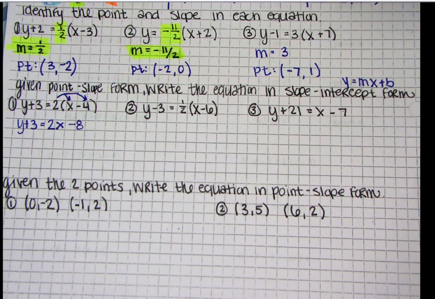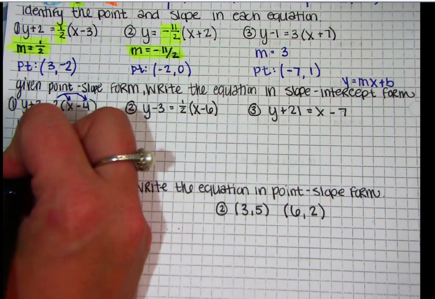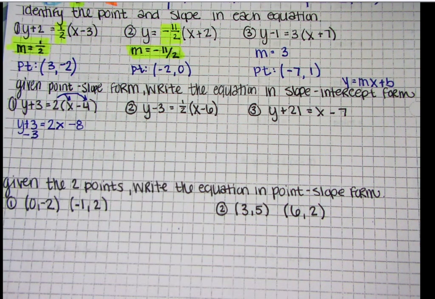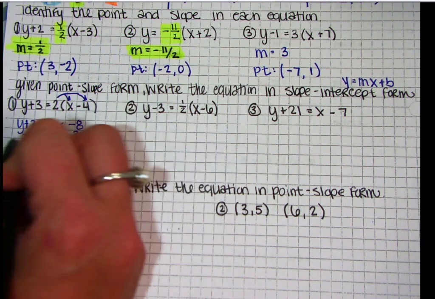Now we want to get y by itself because our parentheses are gone. We've kind of unleashed all of the stuff that was inside of our parentheses. So how do we get y alone? -3. Am I going to put -3 underneath on the right-hand side? Am I going to put it under 2x or -8? Yeah, -8. Good job.